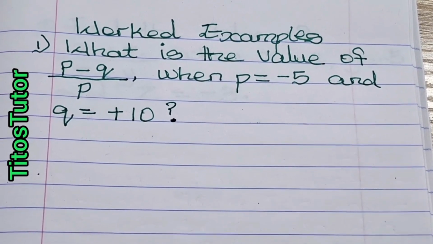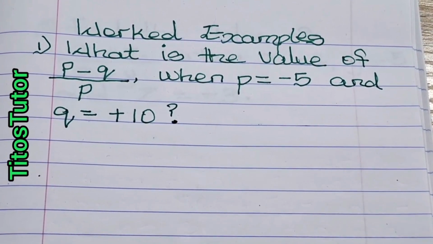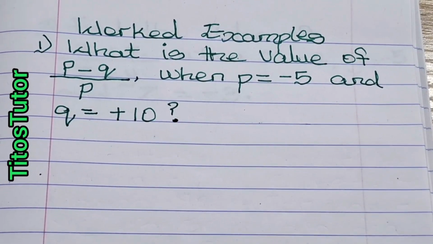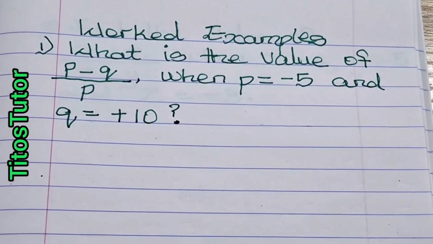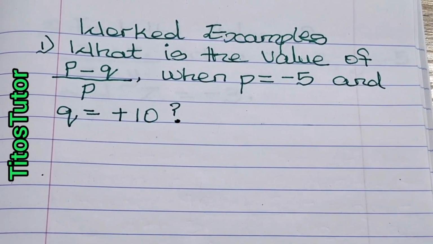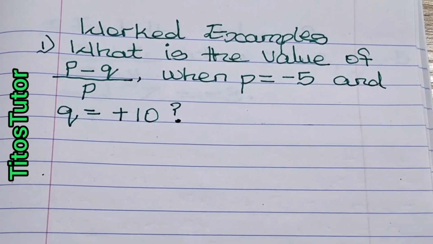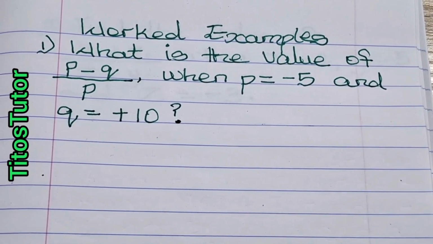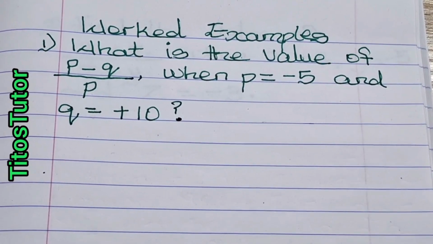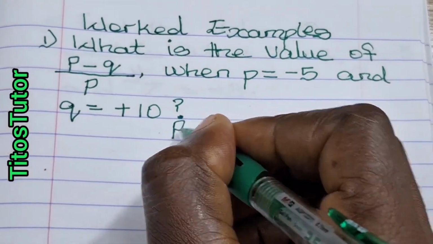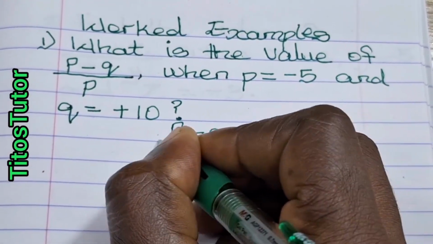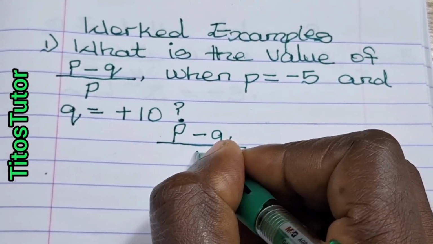Our first example for today is, what is the value of the expression p minus q all over p when p is negative 5 and q is positive 10? I'm going to write that expression again: p minus q all over p.